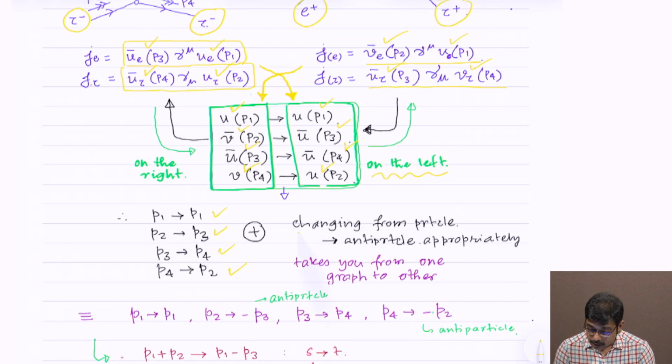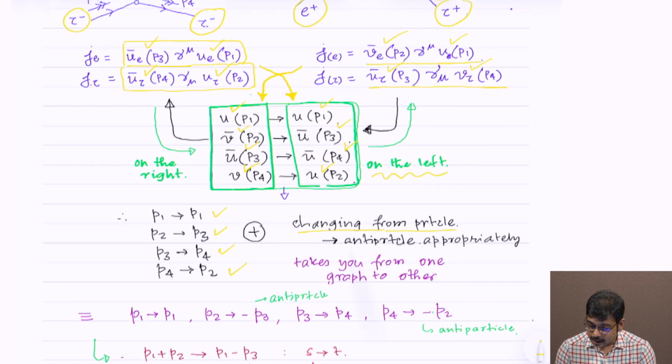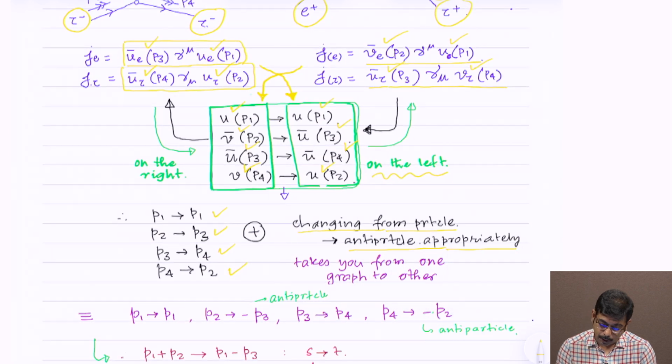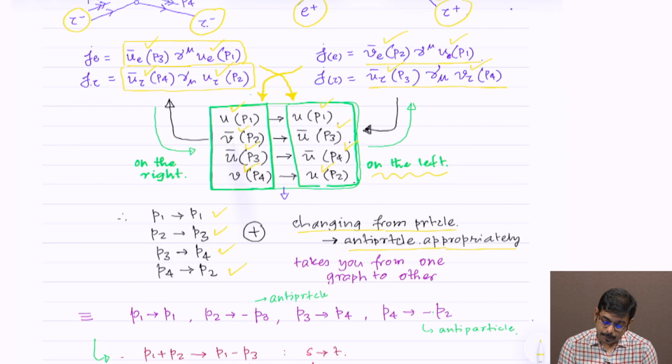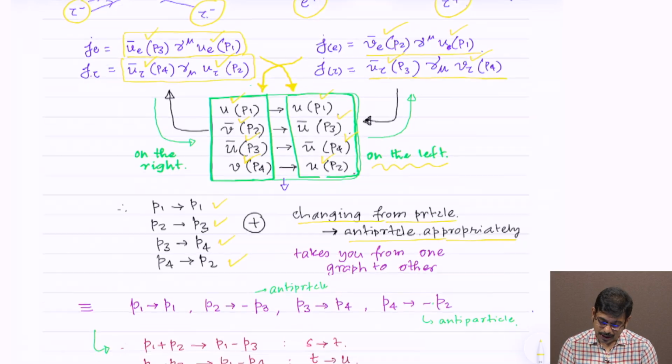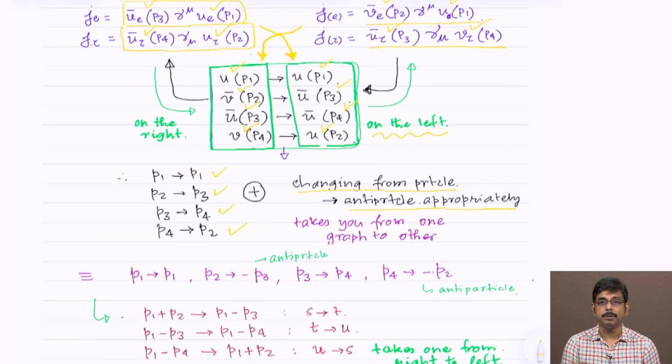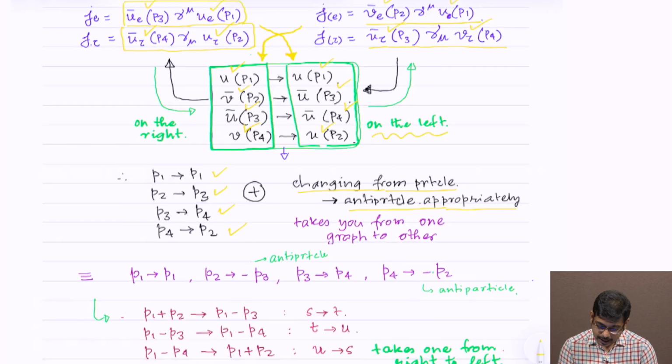You actually also need to change from particle to antiparticle appropriately. Like you have P2 going to P3, but v bar is going to u bar, or u bar is going to v bar depending on which direction you want to transfer. Or similarly, you have v P4 going to u P2. That means a particle spinor is becoming an antiparticle spinor or vice versa.